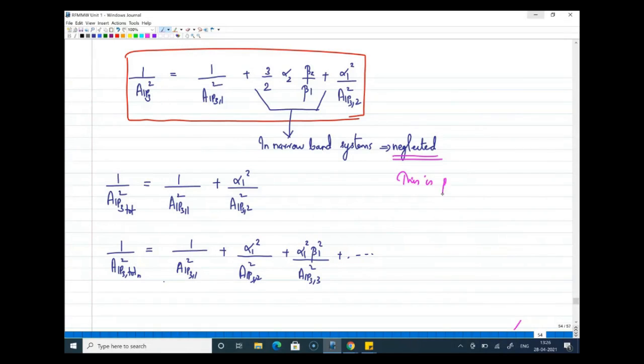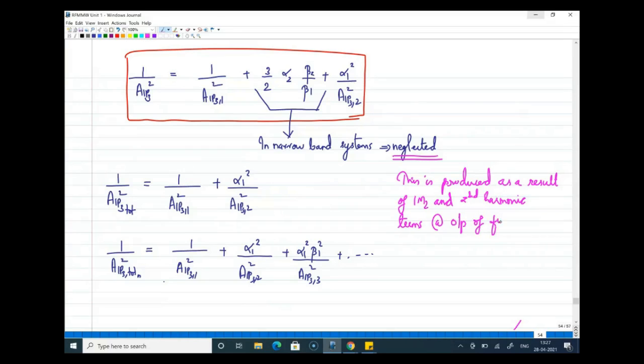This is produced as a result of IM2 and second harmonic terms at output of first stage.